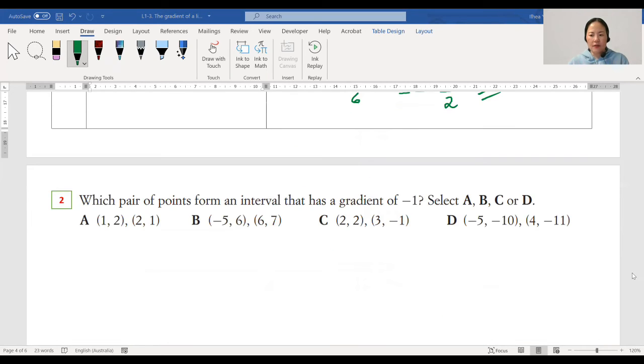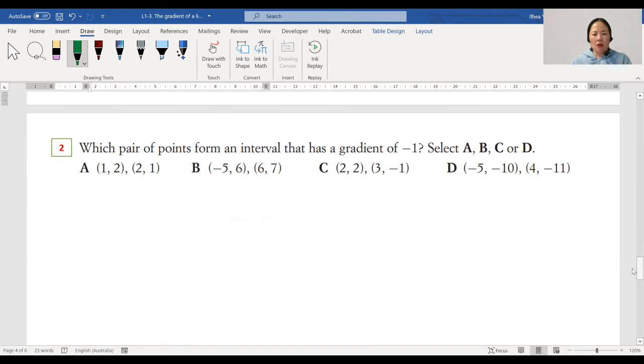I'm going to have 2 multiple choice questions that we have to do. Which pair of points form an interval that has a gradient of -1? m equals -1. We've got 4 choices, A or B or C or D. So what I'm going to do is test each one to make sure the gradient is -1.